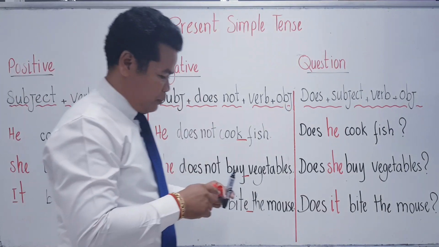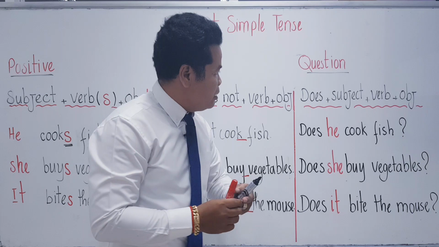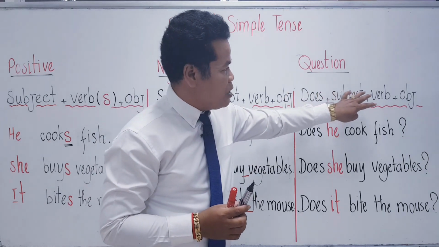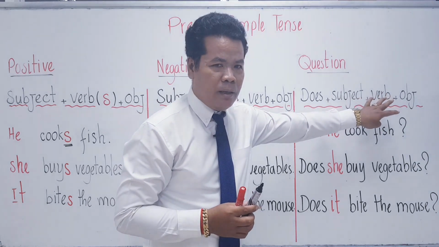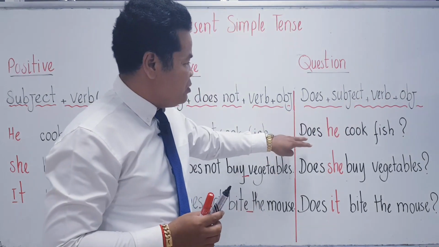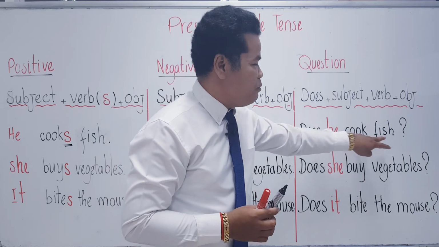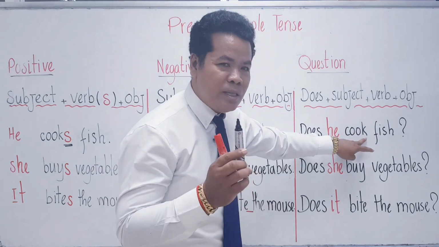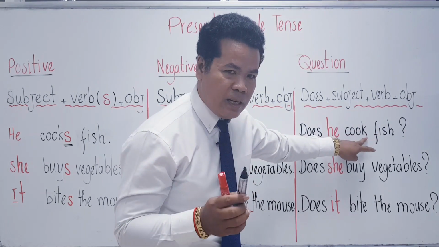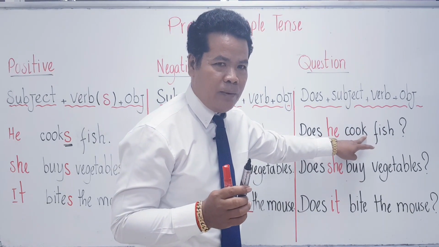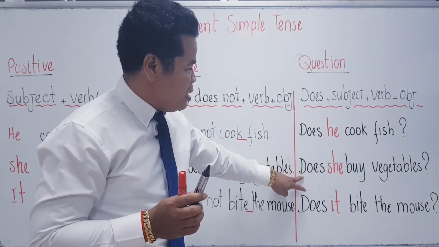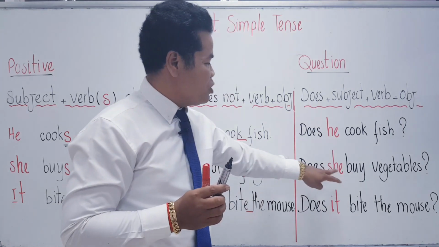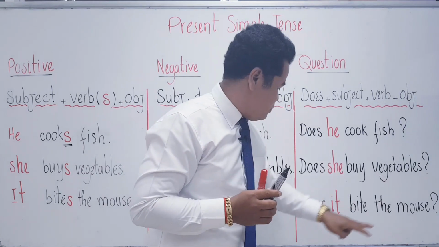Now let's go to question. If we use the question, we have does plus subject plus verb plus object. For example, does he cook fish? Cook also has no S. The reason is it is a question sentence. It is not positive, right? Another one, does she buy vegetables?